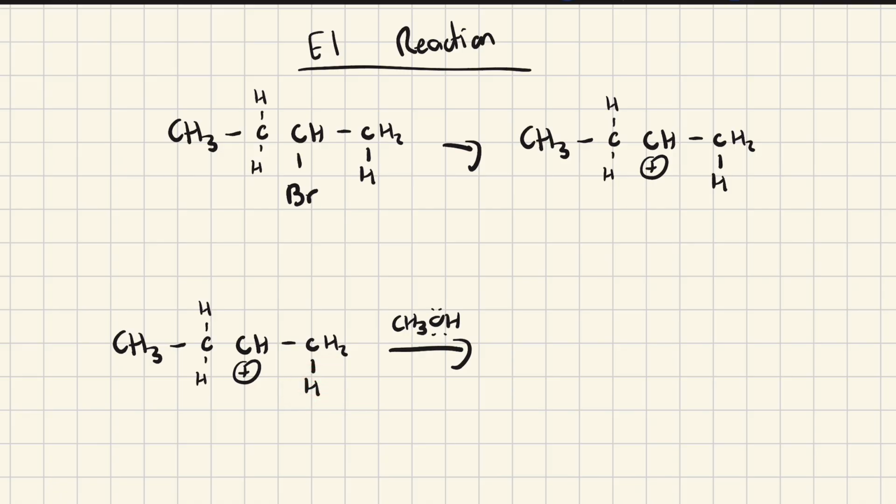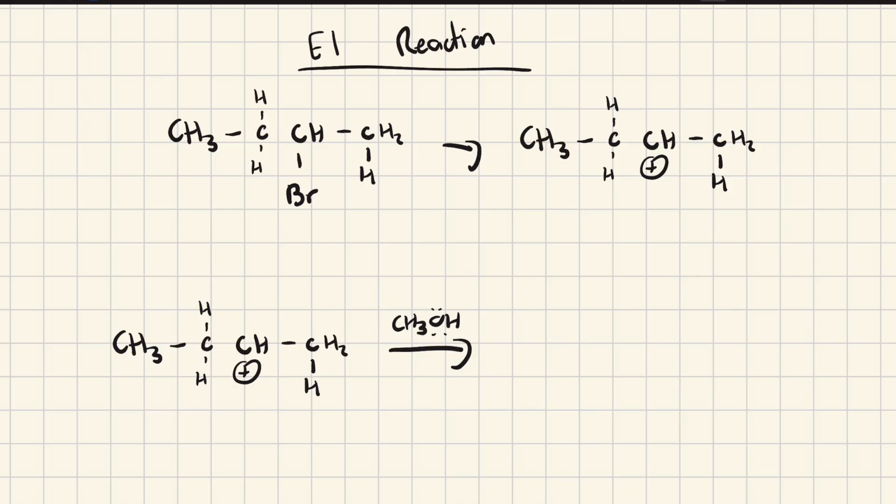To get our major product, which hydrogen would our methanol need to attack? It would have to attack the hydrogen, or one of the hydrogens, that's on the inside. The reason being is because we need to follow the Zaitsev rule. If we were to attack one of these hydrogens and form our double bond, well, we have one carbon that has no substitutions at all, and then we have another carbon that's only mono-substituted.